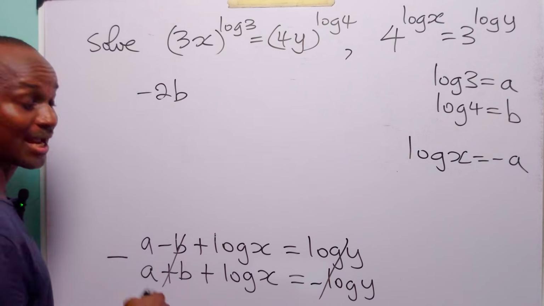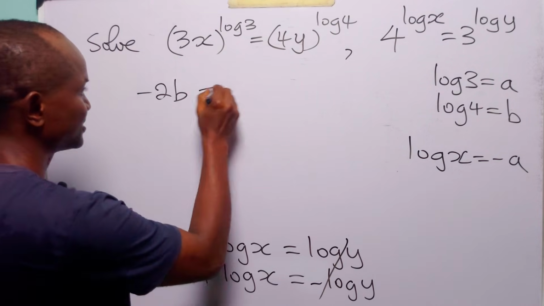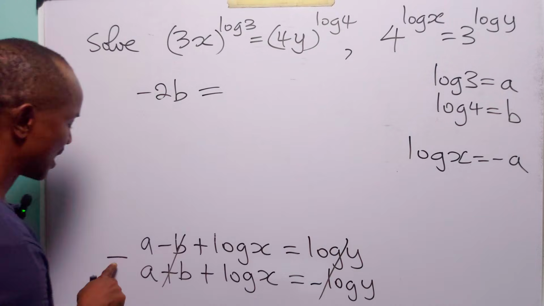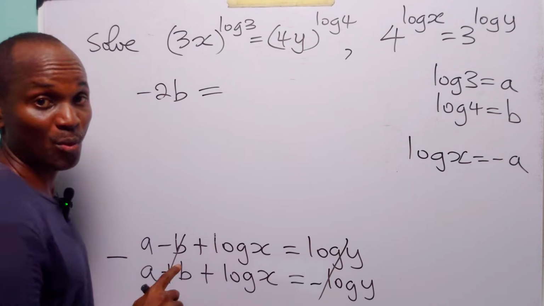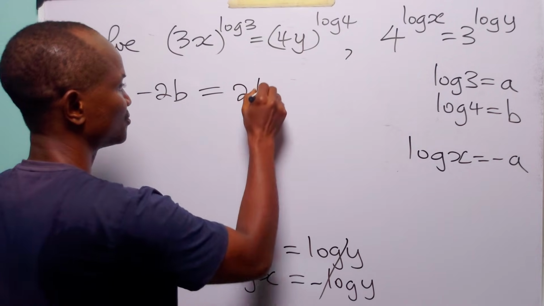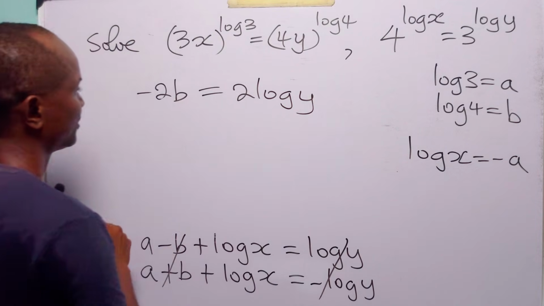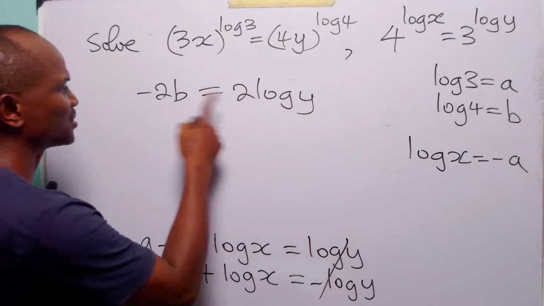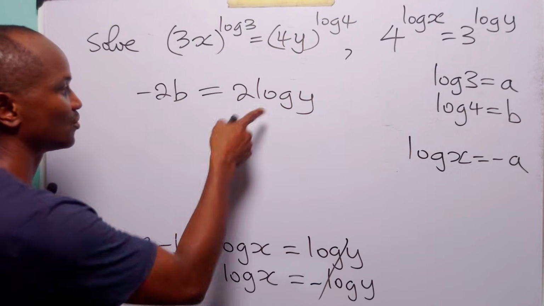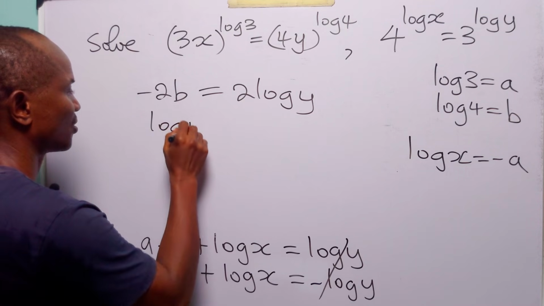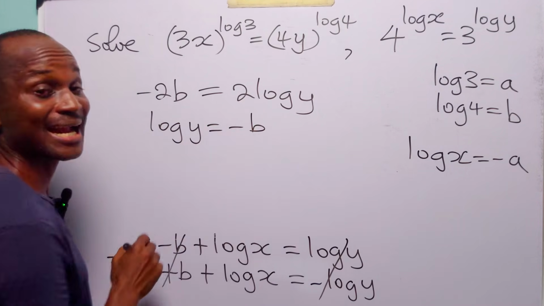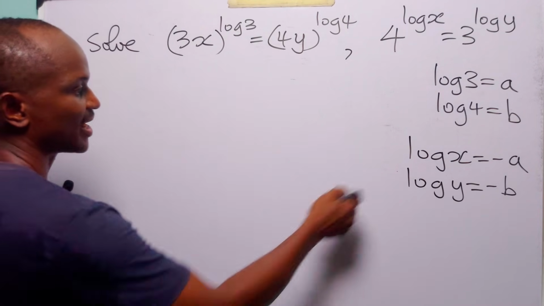Log x minus log x is equal to 0. And this is equal to log y minus log y, which is equal to 2 log y. Once more, when we divide both sides of this equation by 2, we have that log y is equal to minus b.